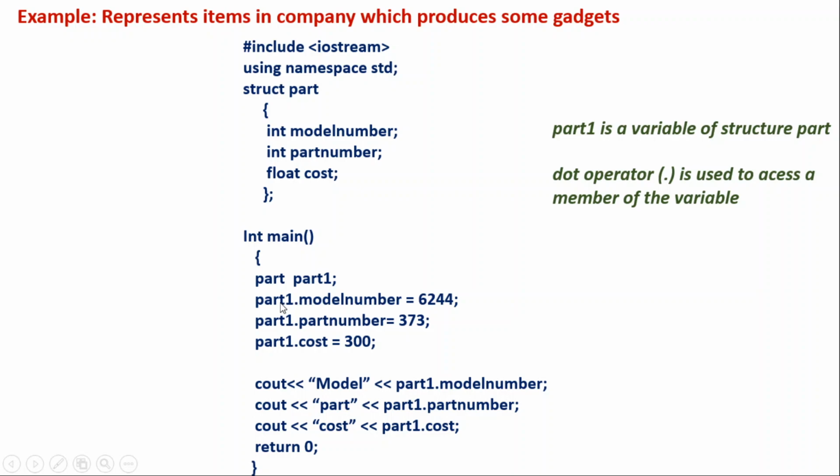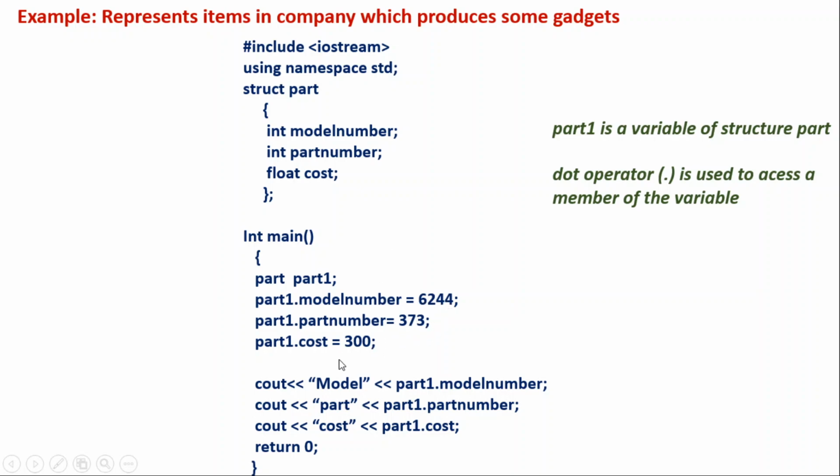A dot operator is basically used to access a member of the variable. So there are three members for this variable part 1, and they are written as part1.modelnumber, part1.partnumber, part1.cost. These are the three variables, and we define them as 6244, 373 and 300.